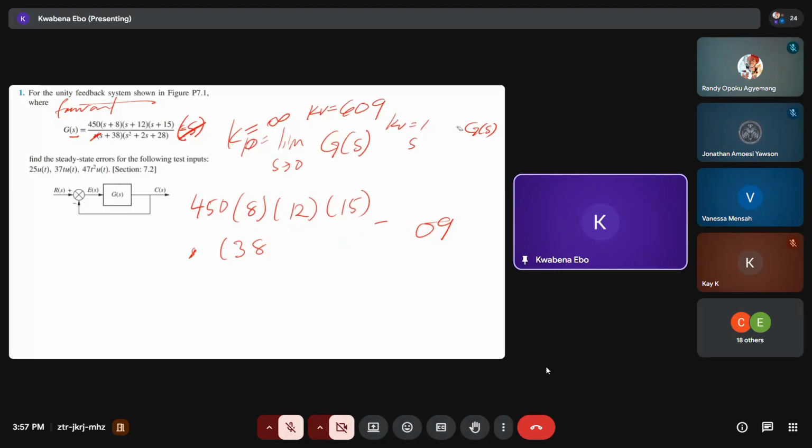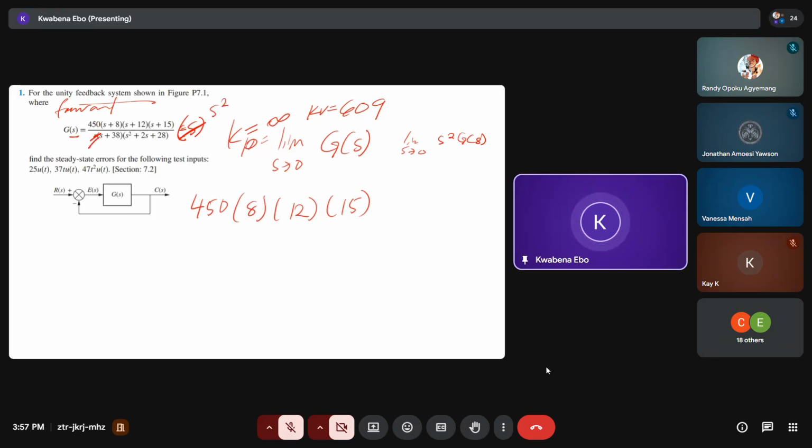Then the last part, we need to find the Ka. The Ka is the limit as s approaches zero of s squared times g of s. So you multiply the whole system by s squared first.